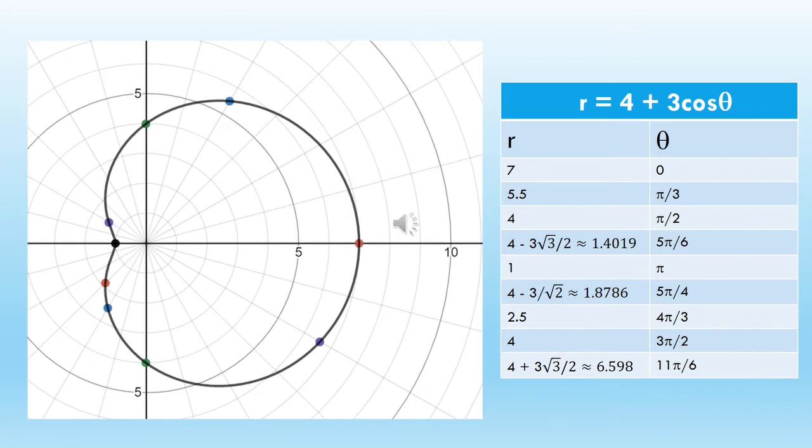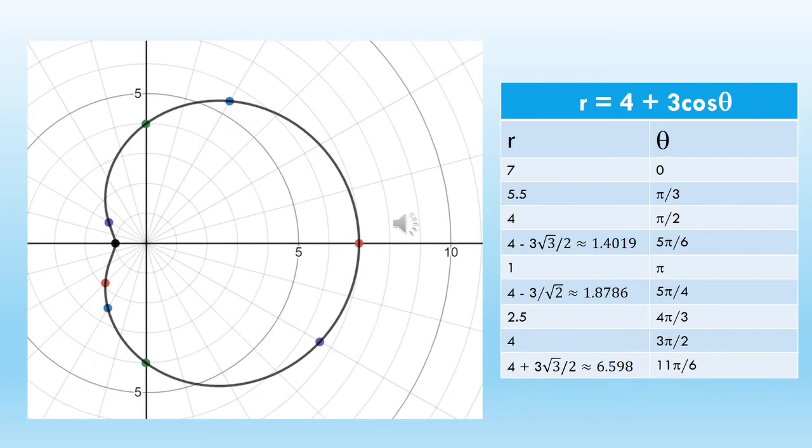Pi over 2 is 90 degrees, so I'm on what looks like the y-axis, and the radius is 4. There's a point 4 units out from the origin when I've rotated 90 degrees, or pi over 2. At 5 pi over 6, or 150 degrees, the radius should be shorter, 1.4, so notice there's a point about 1.5 out from the origin at 150 degrees, or 5 pi over 6.